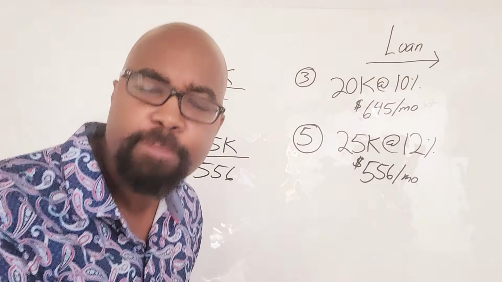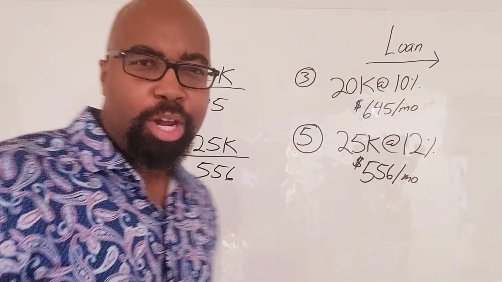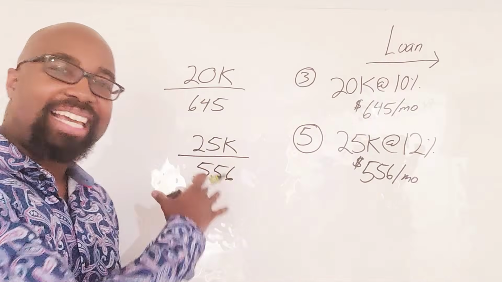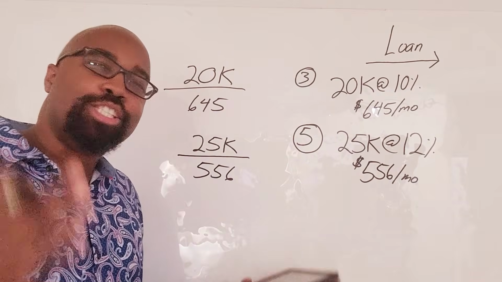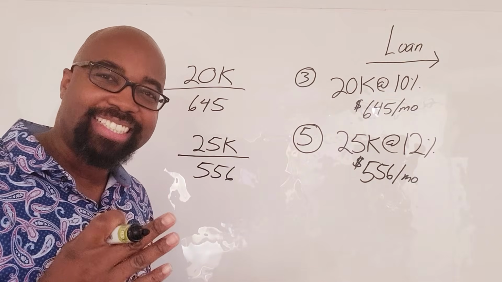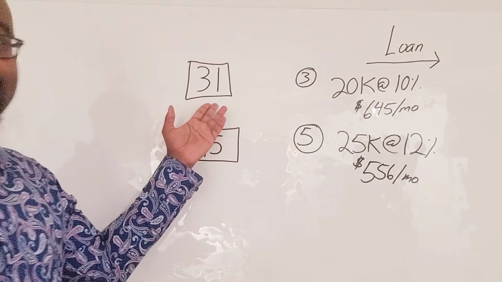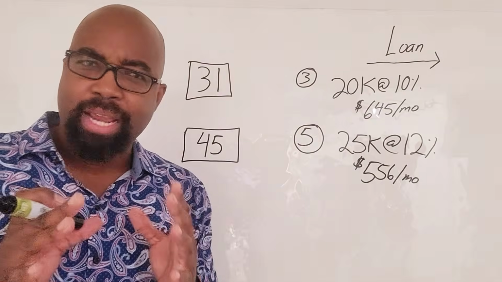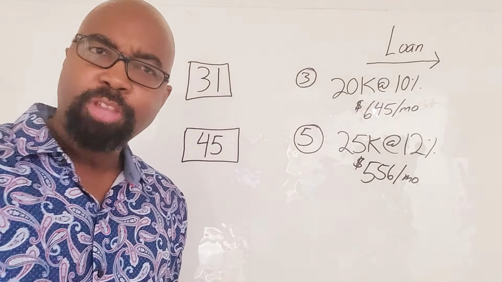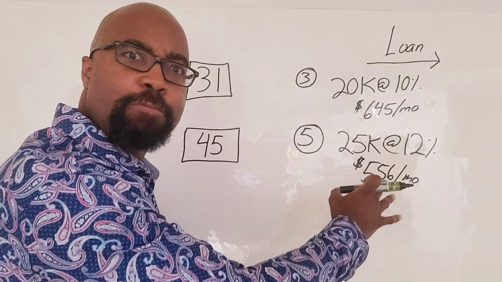Does that make sense? All right, so let's go ahead and do the cash flow indicator method, and we're going to go ahead and show you. We're going to be replacing these with the answer to our question. Which one is the most cash flow sucking loan? Well, would you look at that? 31 and 45. But high interest rate, folks. I thought you said we're supposed to pay off the high interest rates first.